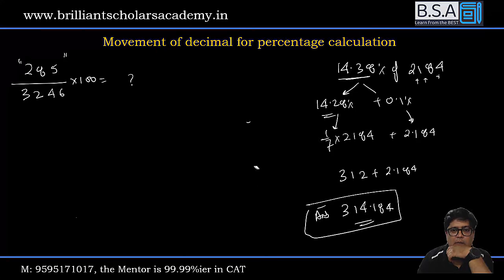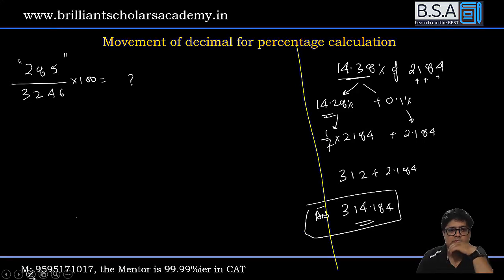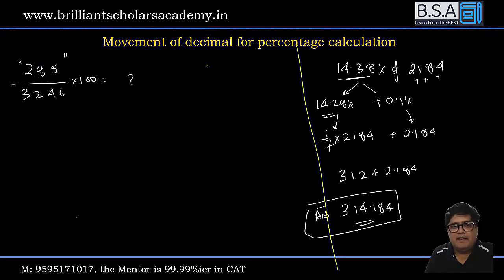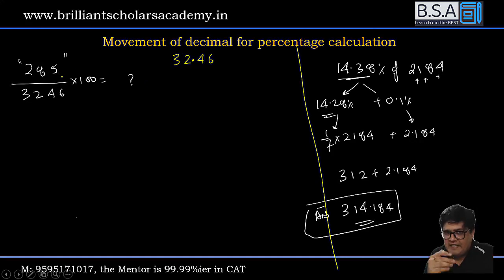Let us add some more space to this. See, the first thing is, in this number 3246, where do you put the decimal to make it below 285? The first decimal should make it below the number. 285 से नीचे जाना है.